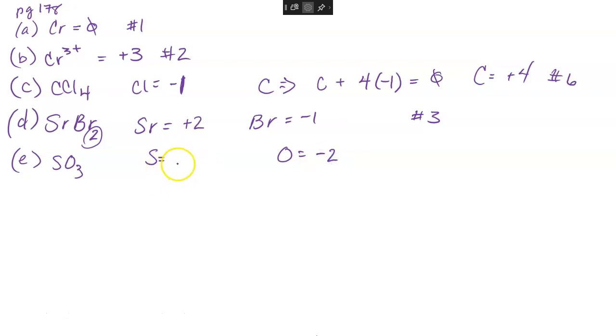We cannot put a -2 here because that would give us a total of -8 for an overall charge when it should be what? 0. So we're going to use some algebra. So sulfur plus 3 oxygens should give us 0, because there's no charge on it. What's sulfur? +6. Better? Do we need another one? Maybe one where it's... So which rules?